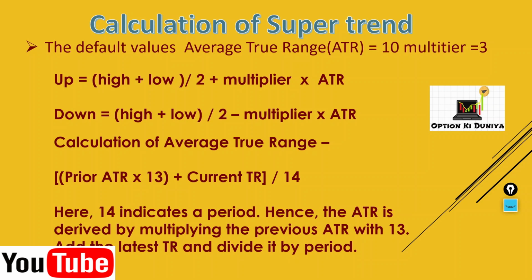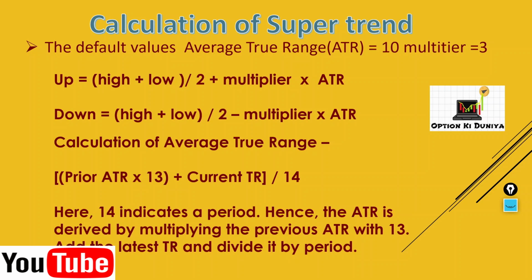Then finally, how do you calculate the average true range? You calculate the prior ATR, multiply it with 13, plus you take the current ATR. The whole thing you divide by 14. Here 14 indicates the period.